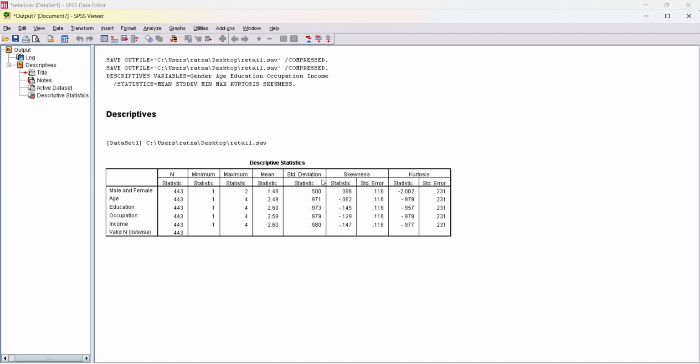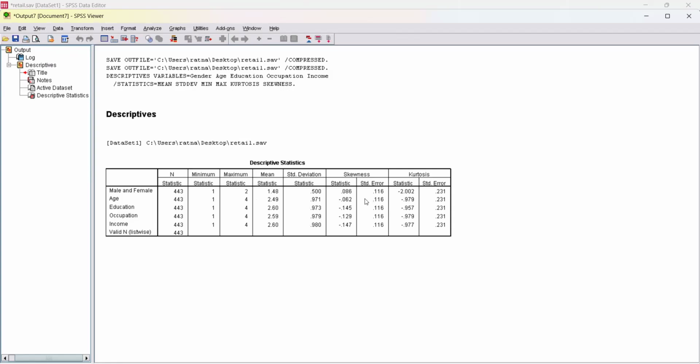Let's go to the standard deviations. The standard deviation is near 0.97, and for income it is 0.98. So these standard deviations are similar across the variables, indicating a comparable level of variability or spread in the responses for each. Now the skewness and kurtosis.